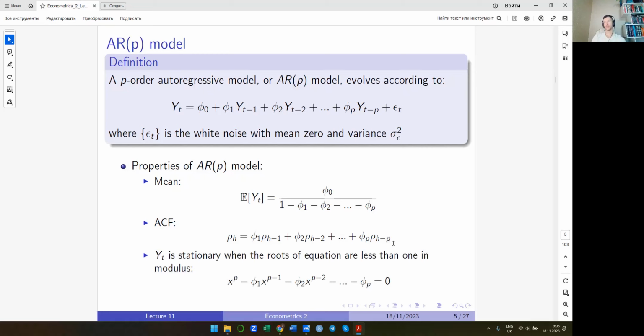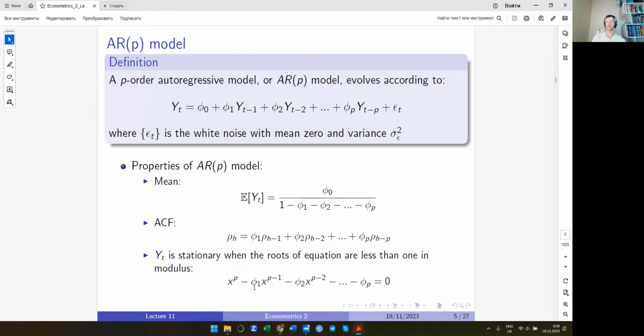And also we want to know the condition of stationarity. In the previous lecture, we spoke about the AR1 stationarity property, right? And this was that phi 1 must be less than 1 in absolute value, if you remember.